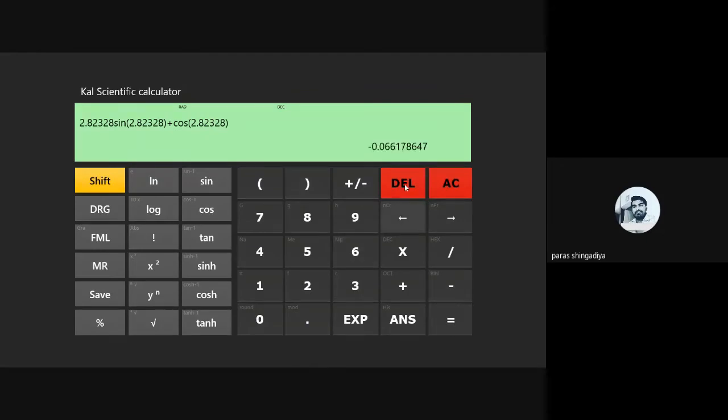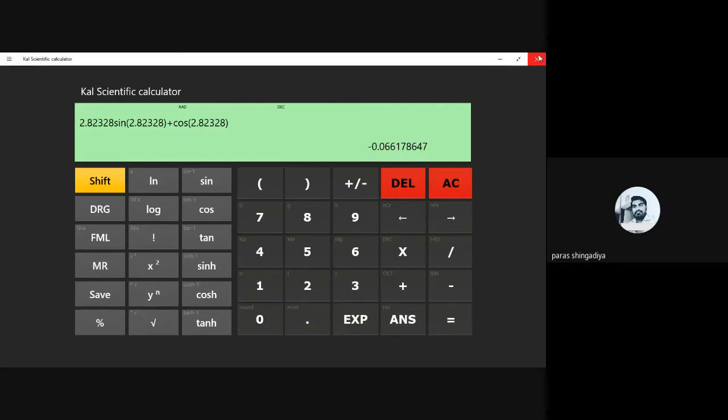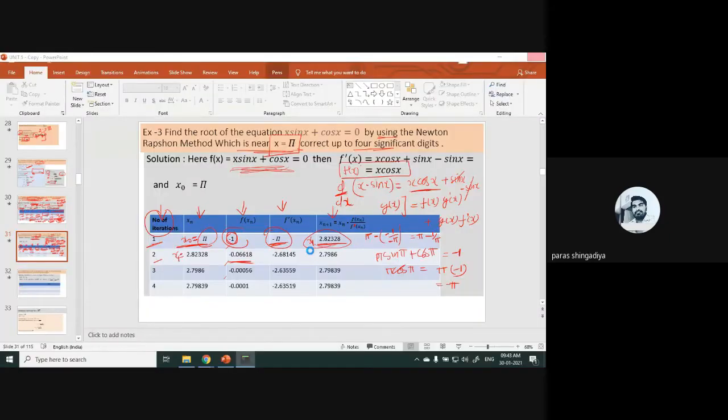That will be negative 0.06617. Okay, that is the answer. So there is minus 0.006617 something, and you can consider the rounded value as 0.06618.